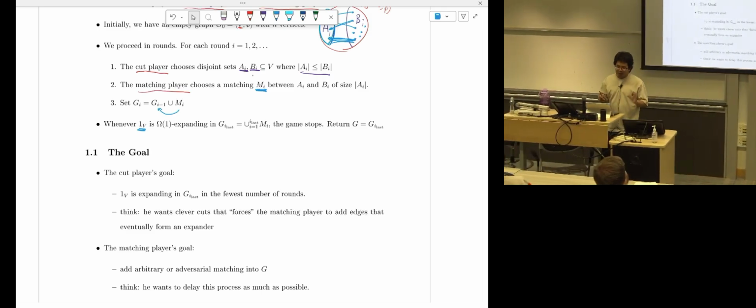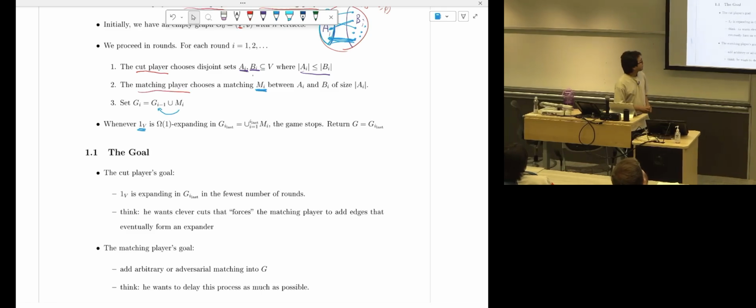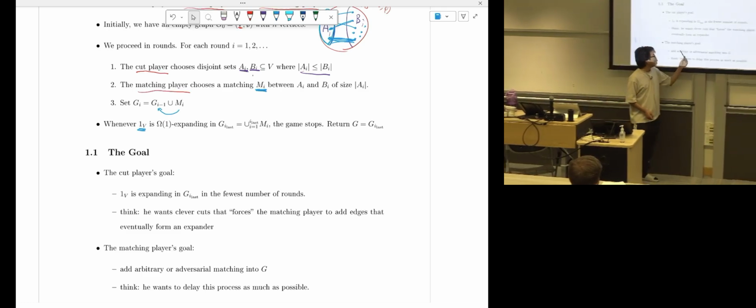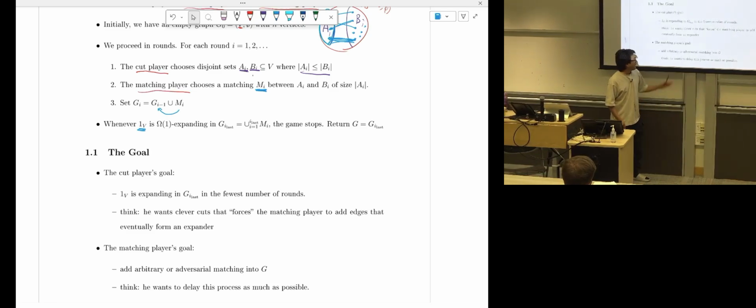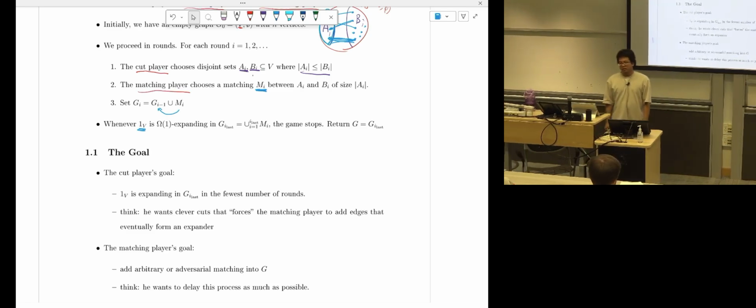So that's the goal of the cut player. Choose cuts nicely so that the graph becomes an expander. And the goal of the matching player is just to add some arbitrary adversarial matching, and his goal is to delay the process. Can the cut player see the matching player's choices? Yes, that's important. The cut player can see what the graph is so far.